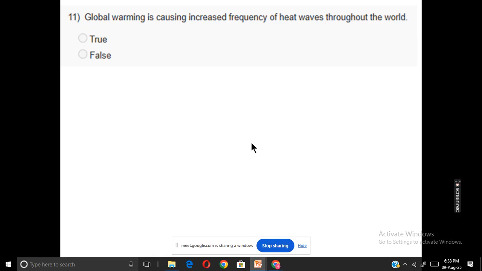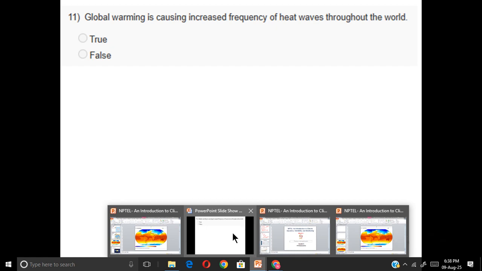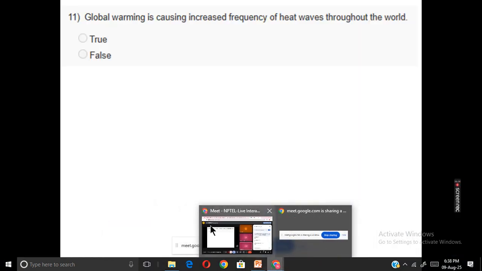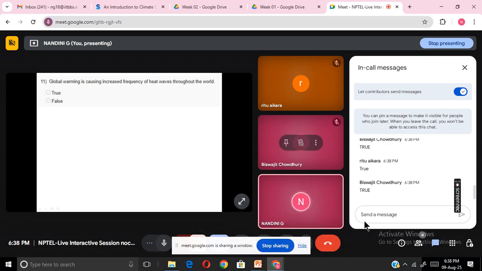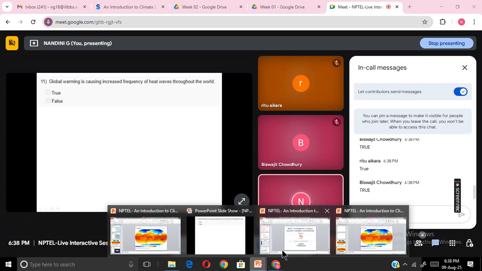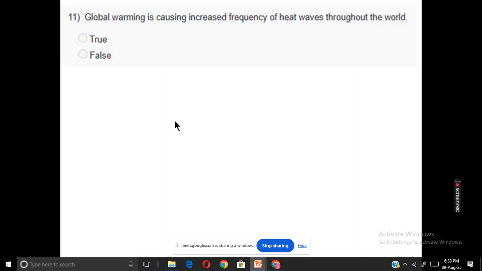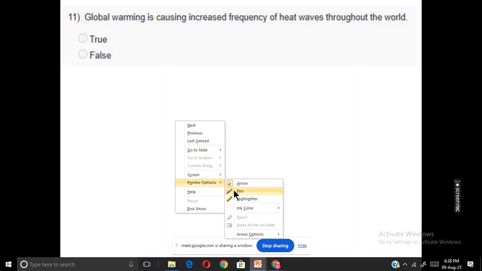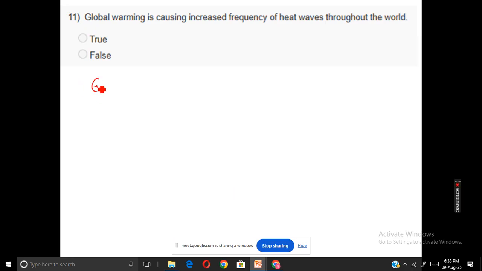Global warming is causing increased frequency of heat waves throughout the world. We have been discussing the increase in global mean temperature, right?